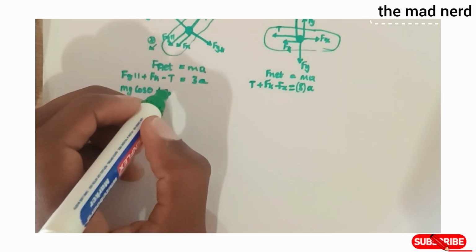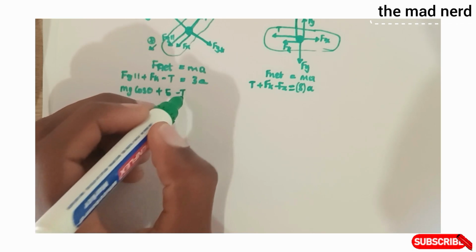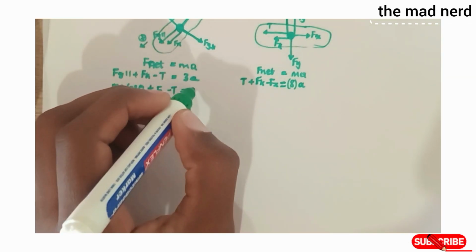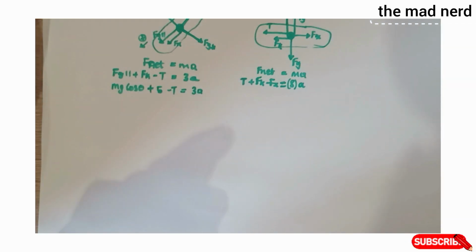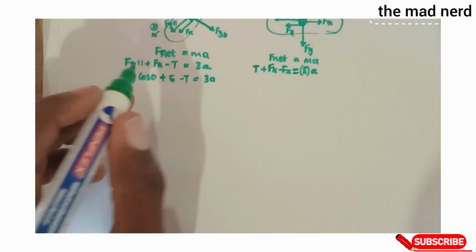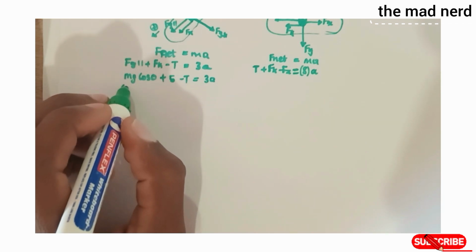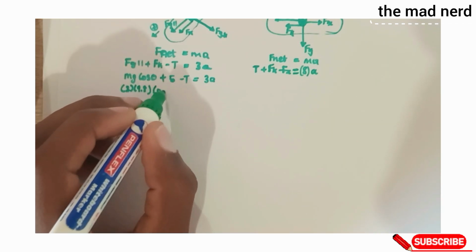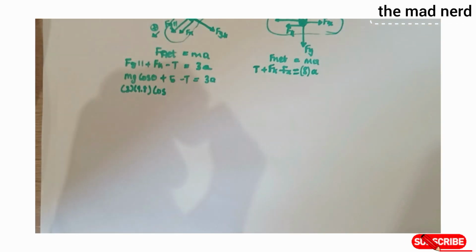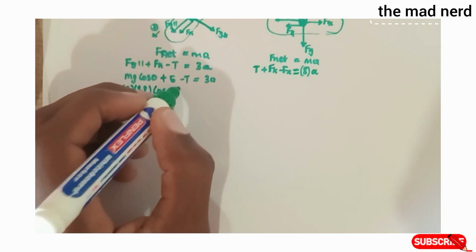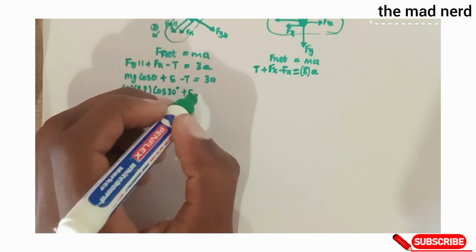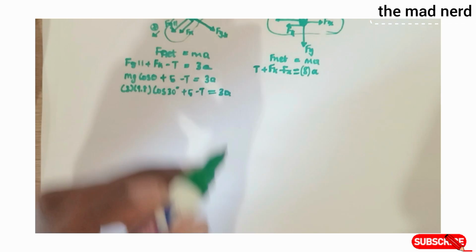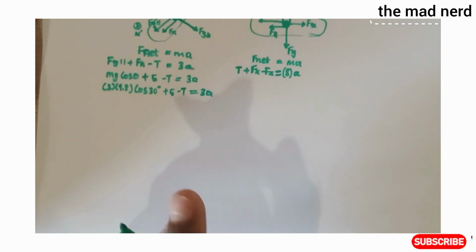So it's plus 5, and then minus the tension, and it is equal to 3A over here. Now let's replace everything that we have here. It's 3 times 9.8 times cos 30 degrees, plus 5, minus the tension, equals 3A. And that's it for the 3 kg block.